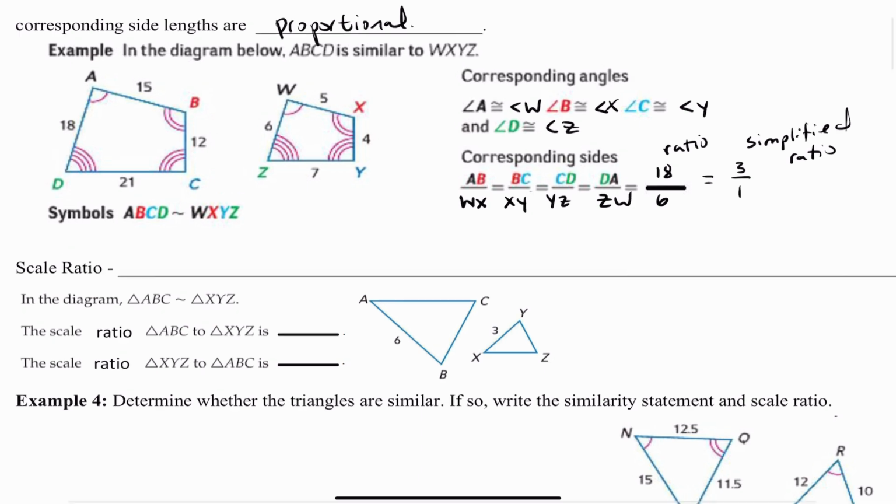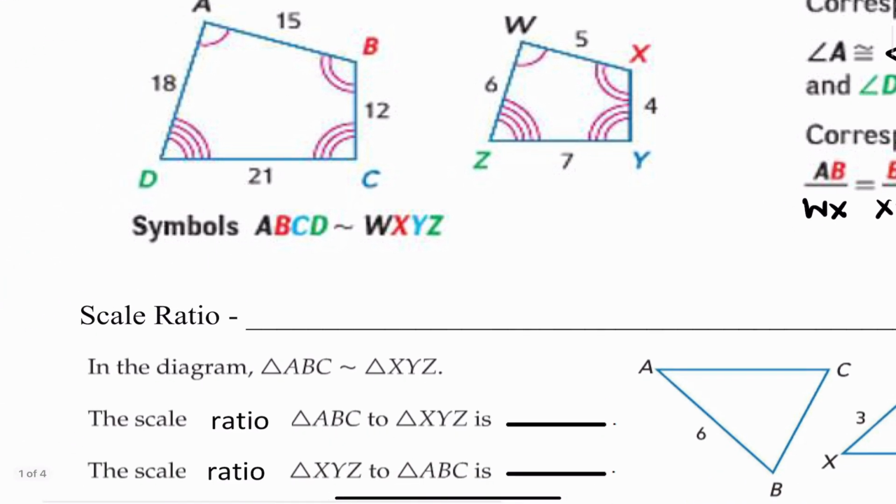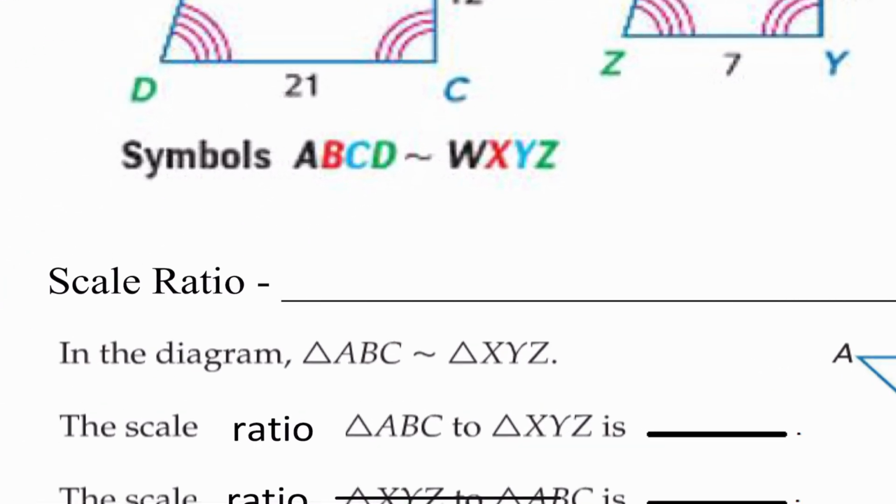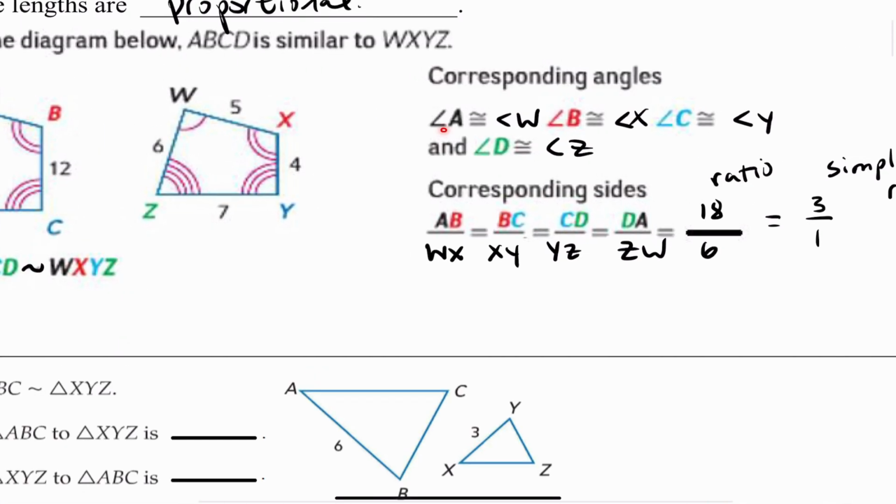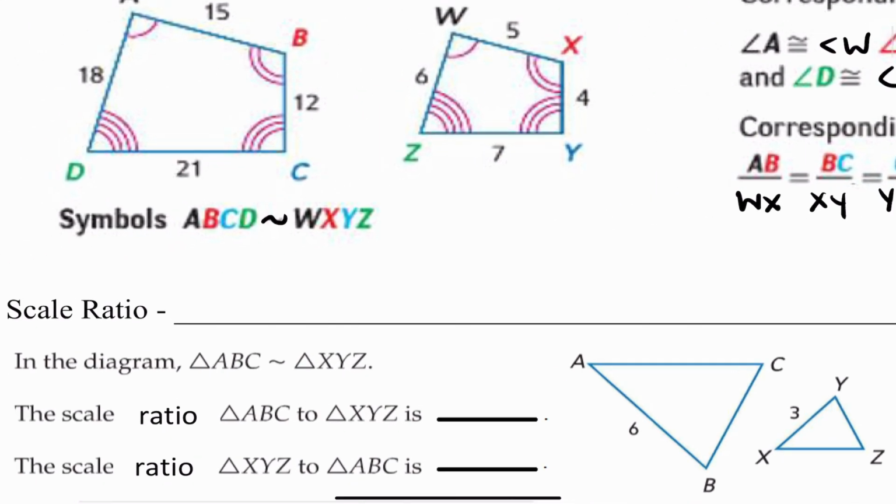To make things easier, if you know that these two figures are similar from the beginning, we can just take a look at their similarity statement. So I have ABCD is similar to WXYZ. If I look at A, the first position, it corresponds with W because their angles are congruent. They are corresponding angles.